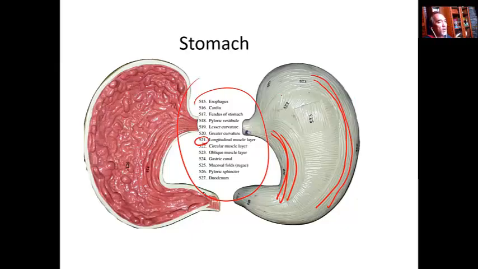And then 522 is going to be the circular. And then 523, those are your obliques, which are the inner layer.